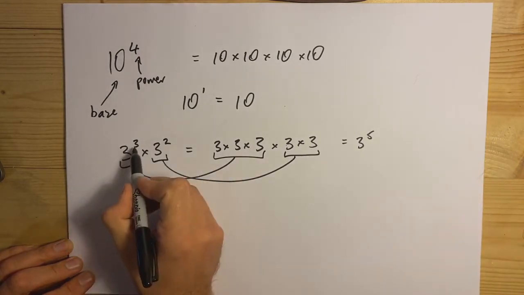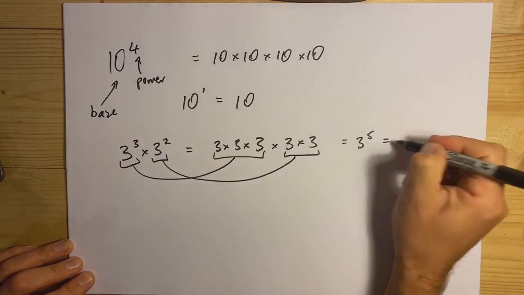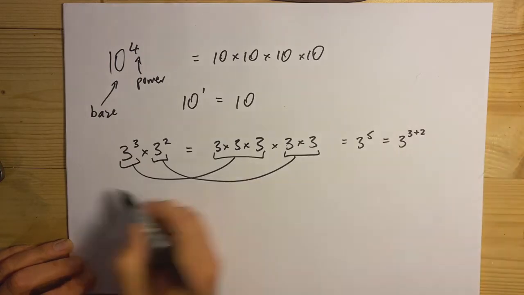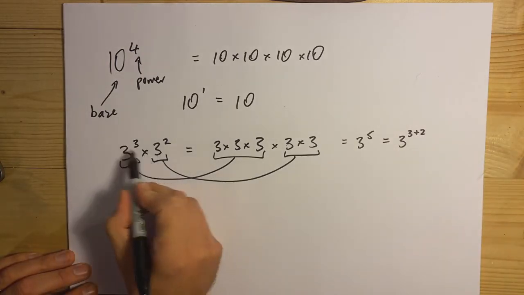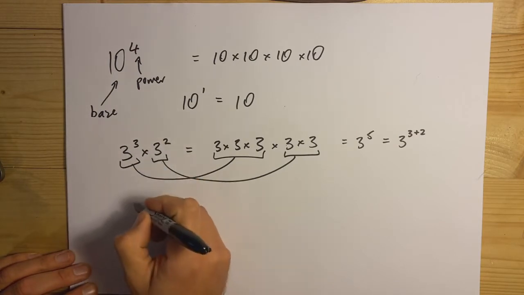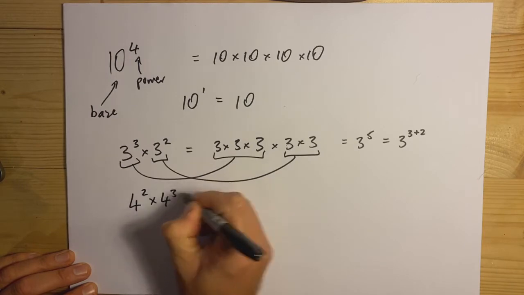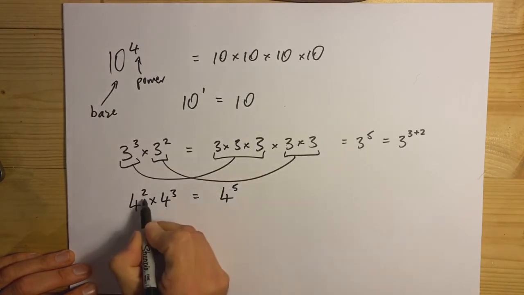Now if we come back here, we can see that 5 is just 3 plus 2. So that's the same as 3 to the power 3 plus 2. And this works for anything where we have the same base and we're multiplying two powers together. So if I said 4 squared times 4 cubed, that would just be 4 to the power 5. Okay, 2 plus 3.